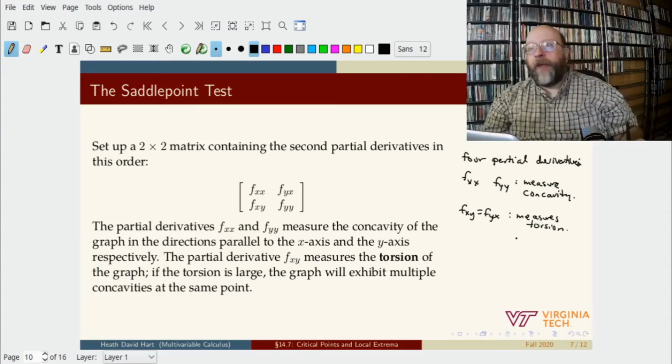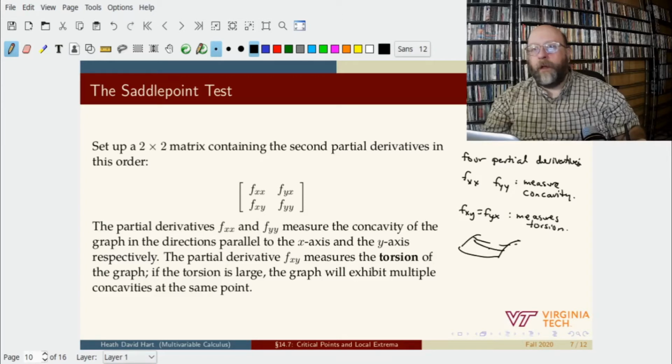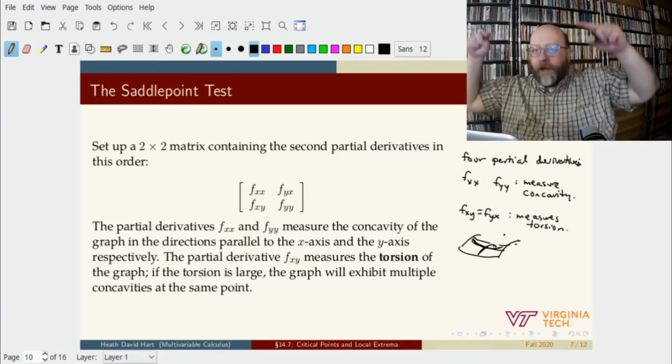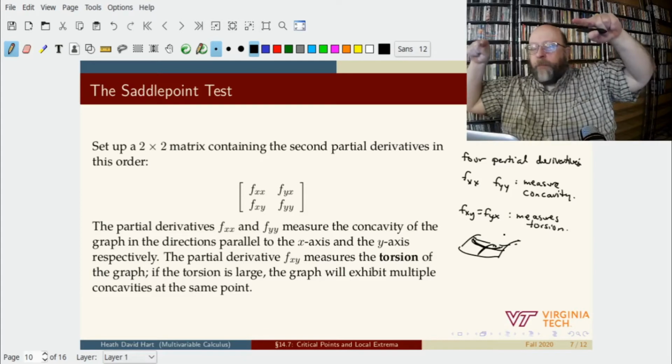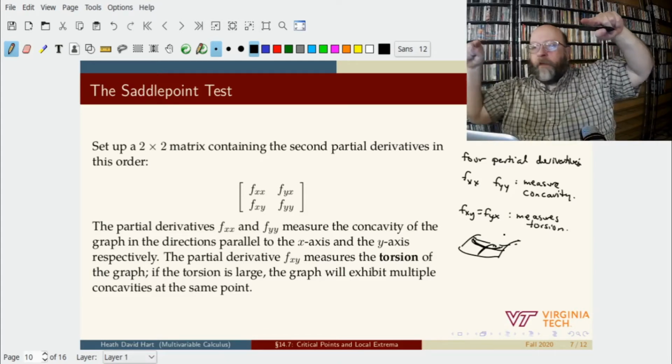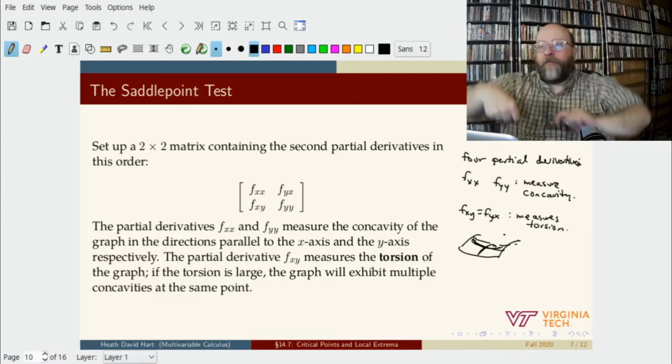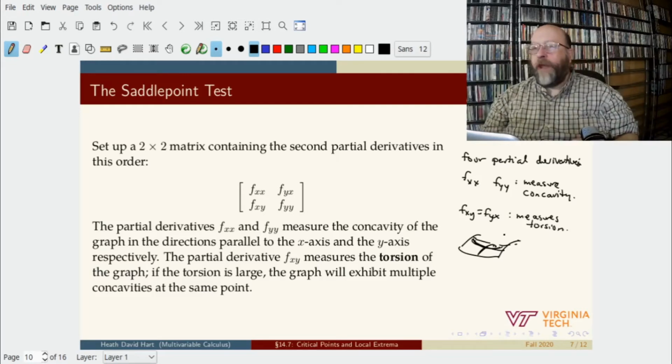In a saddle point, there is so much torsion that the curving upwards of the concave up part flipped around, being twisted to being concave down, as if you rotate the shape 90 degrees.